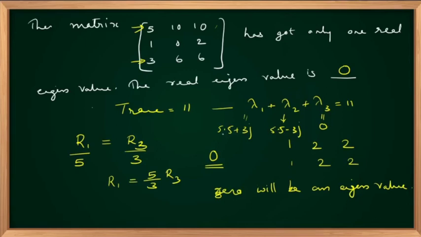If I add up all three numbers, minus 3j and plus 3j cancel out, 5.5 plus 5.5 gives me 11, plus 0, 11. So the trace is satisfied, correct? 0 is an eigenvalue. So you cannot take the trace as the eigenvalue. Did you understand the mistake, Richard?